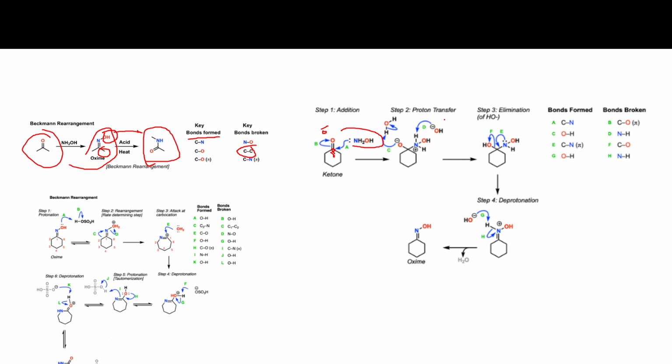What will happen? The OH minus which is present in this solution will abstract one proton like this, so it becomes NHOH, and this O minus also abstracts a proton from the water, so it becomes OH. Now the lone pair comes back, so it becomes a double bond again.